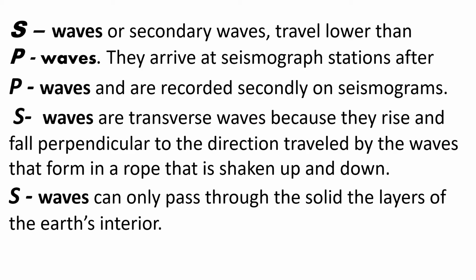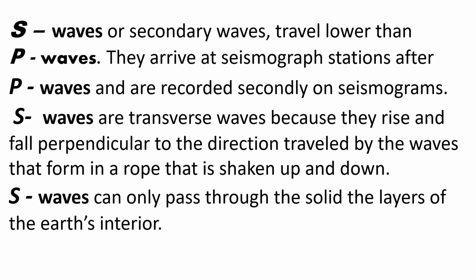The S waves, or the secondary waves, travel slower than the P waves, so they arrive at seismograph stations after the P waves. Mas nauuna si P waves. And then they are recorded second on seismograms.